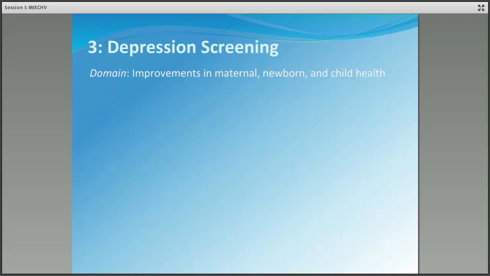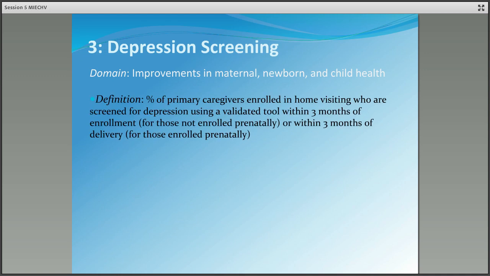The next one is depression screening. And here we're looking at the percentage of primary caregivers enrolled in home visiting who are screened for depression using a validated tool within 3 months of enrollment for those not enrolled prenatally, that is postnatally, or within 3 months of delivery for those enrolled prenatally.